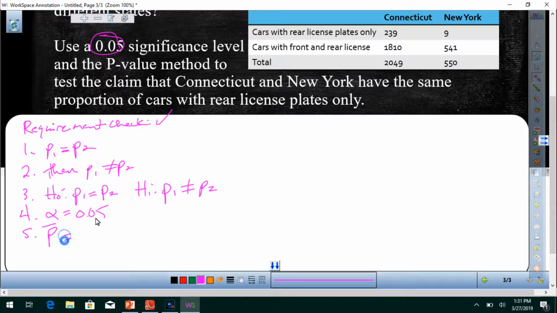P bar is going to be x sub 1 plus x sub 2 divided by n sub 1 plus n sub 2. So we got 239 plus 9 over 2049 plus 550.